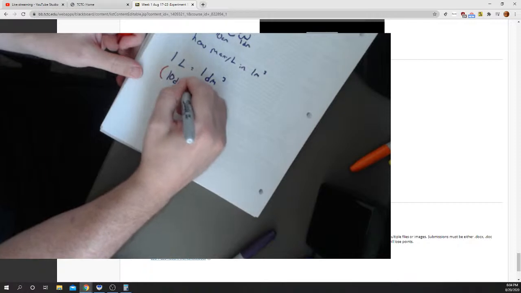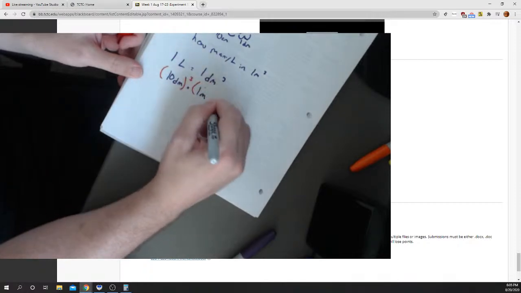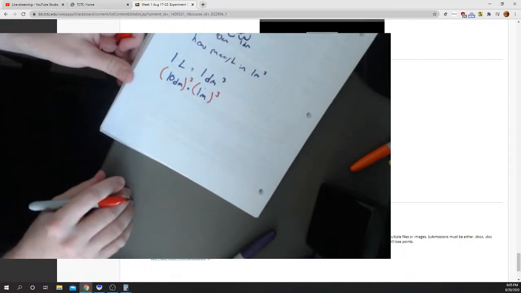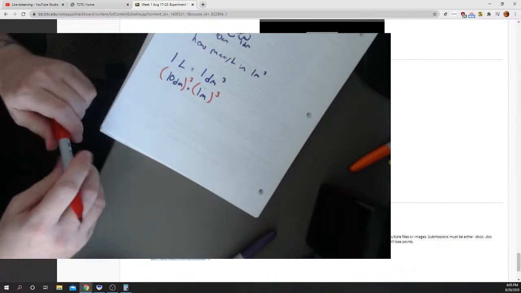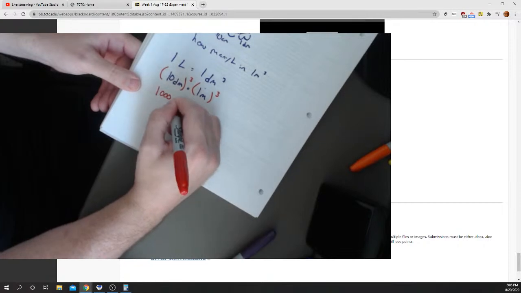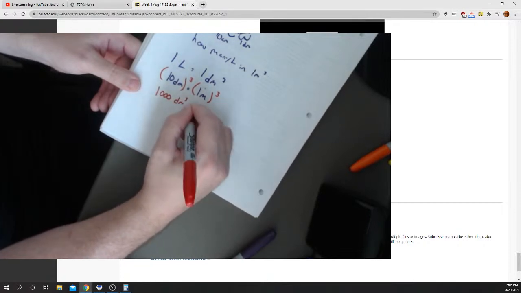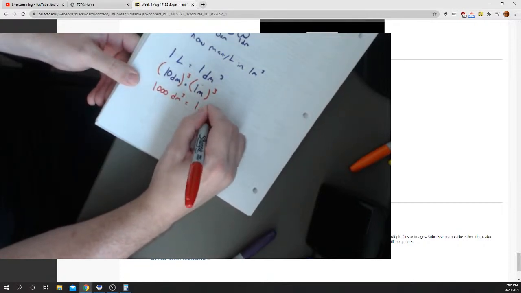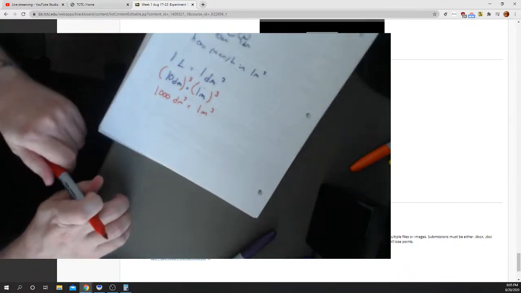Because you can't just cube part of the measurement, you have to cube the whole thing. So that means that 1,000 cubic decimeters is equal to 1 cubic meter.